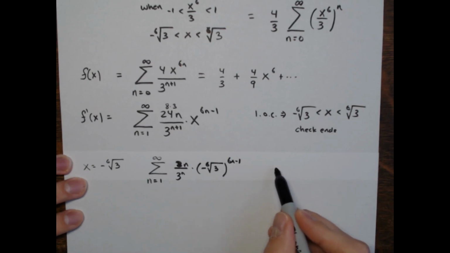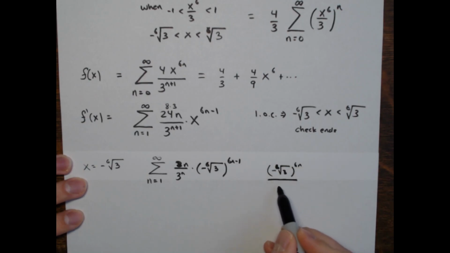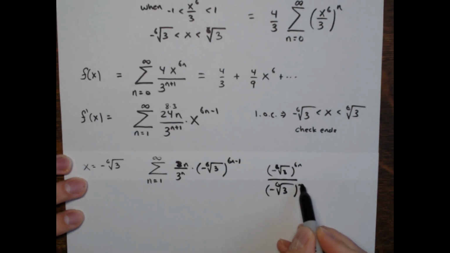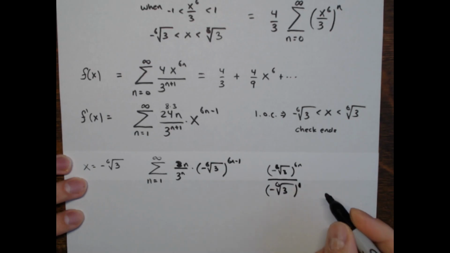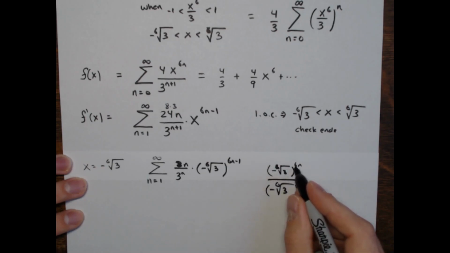When I raise this to the 6n, negative 6th root of 3 to the 6n power, and then divided by negative 6th root of 3 to the first. Negative 6th root of 3 to the 6th power would just be 3.